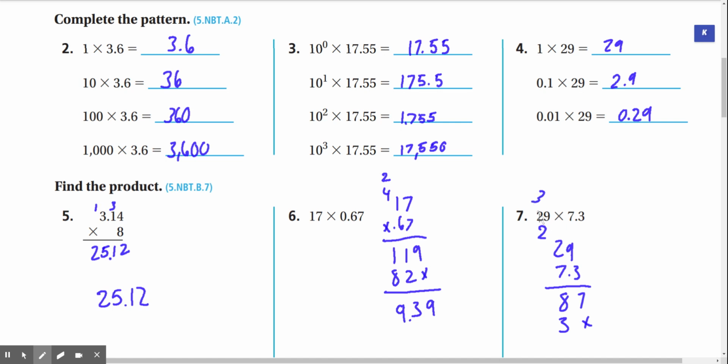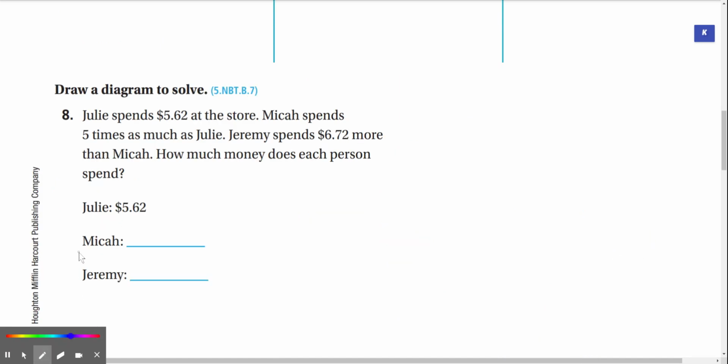Put the 6 up here. 7 times 2 is 14, plus 6 is 20. Drop the 7. 8 plus 3 is 11. Carry the 1. 1, and we have 2. And put the decimal place, it's 211.7. Like that.